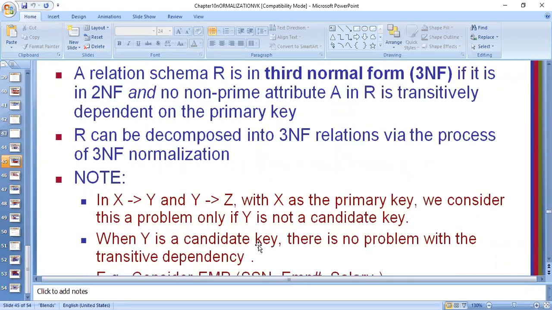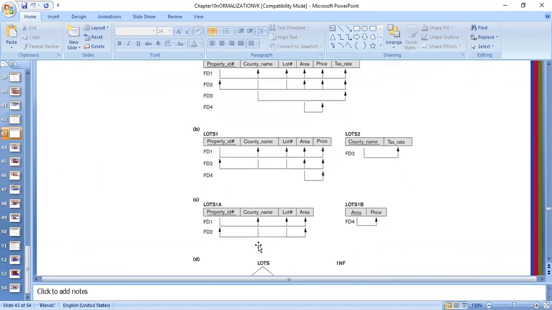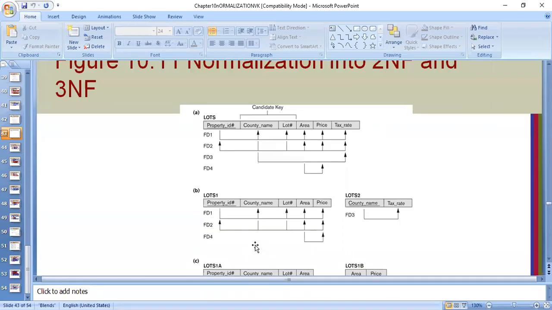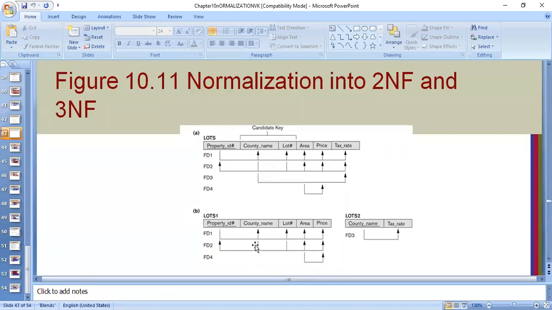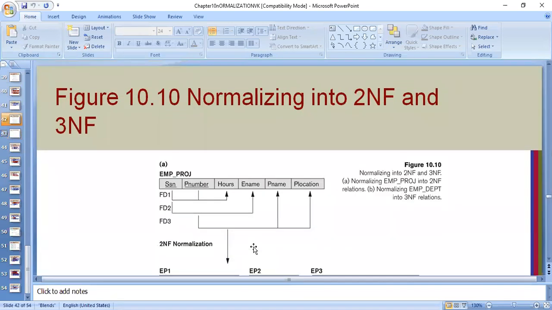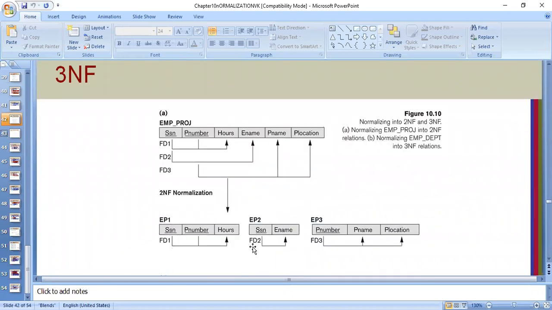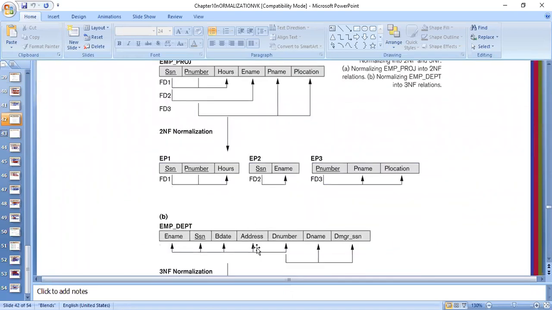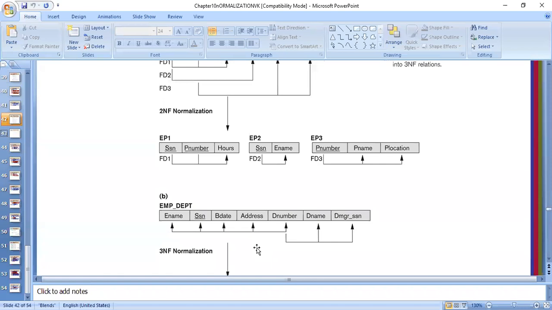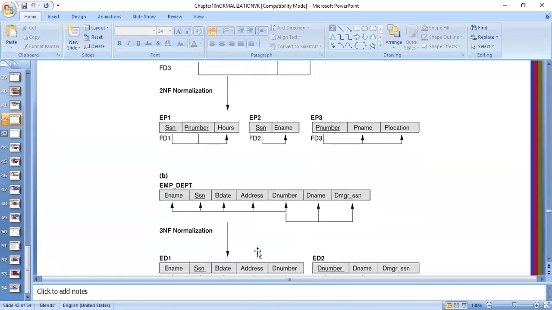So we have that example here itself. If you just consider the down part, we have one bad relation, a bad example called employee department.